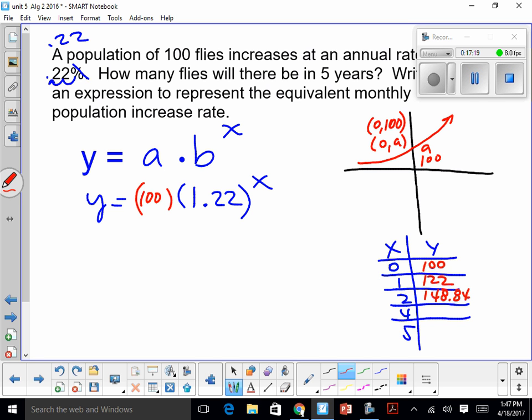But tell me what's happening with the partner at the end of the third year. 181.58. Someone tell me what's happening at the end of the fourth year. 221.53. And someone, that fifth year, which was the question.